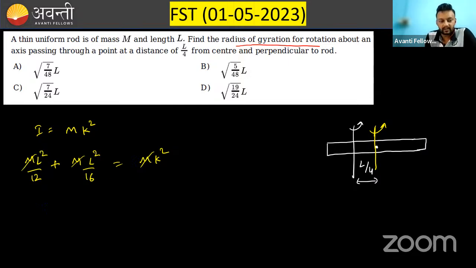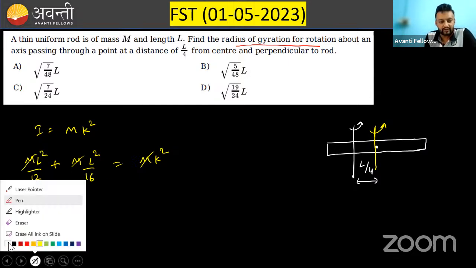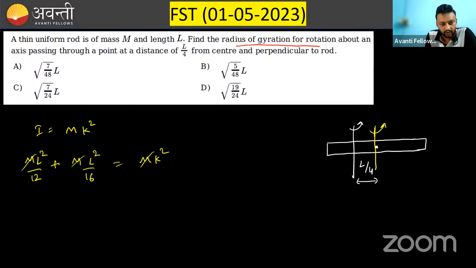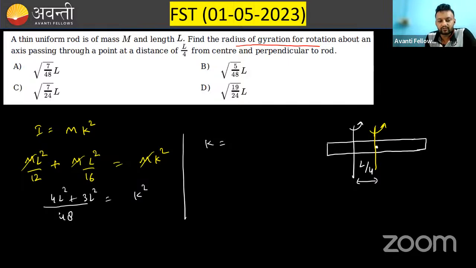I hope it's clear. So after the cancellation of m, the LCM is going to be 48. That is 4L square plus 3L square equals K square. So K square is 7L square by 48.